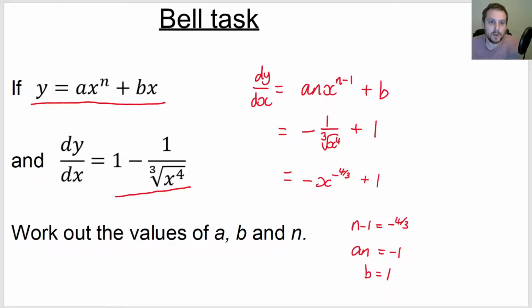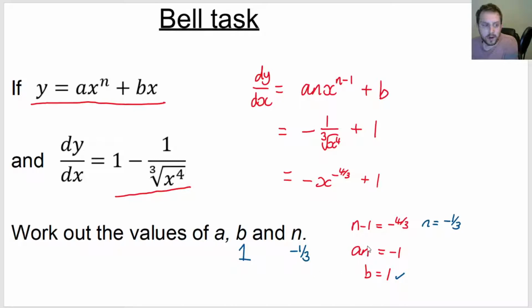So b equaling 1, we're already done. B was 1. Let's do n minus 1 is minus 4/3. I guess that tells us that n is minus 1/3. Right? Because if you add 1 to minus 4/3, you're adding on 3/3, so you land on minus 1/3.